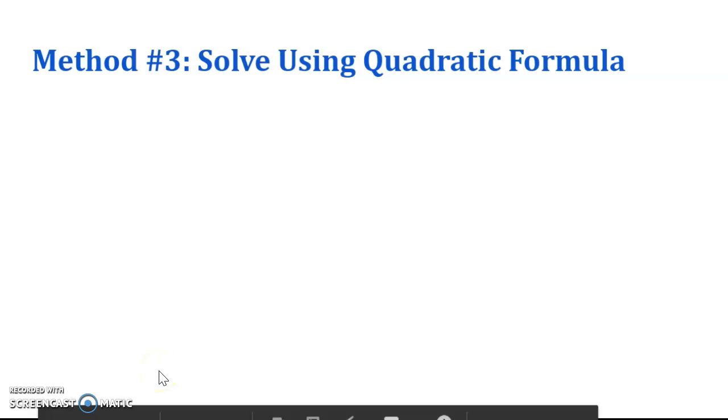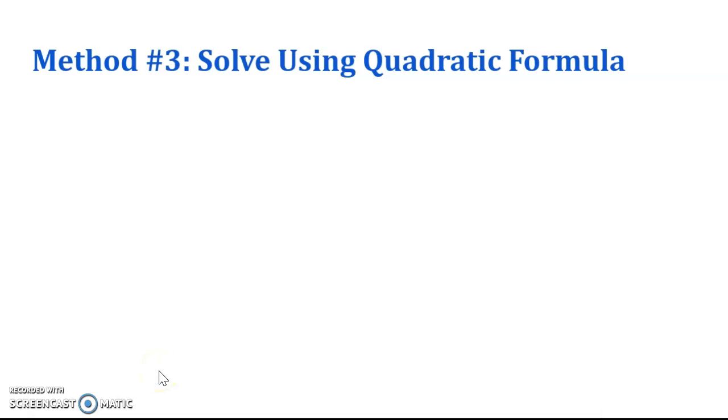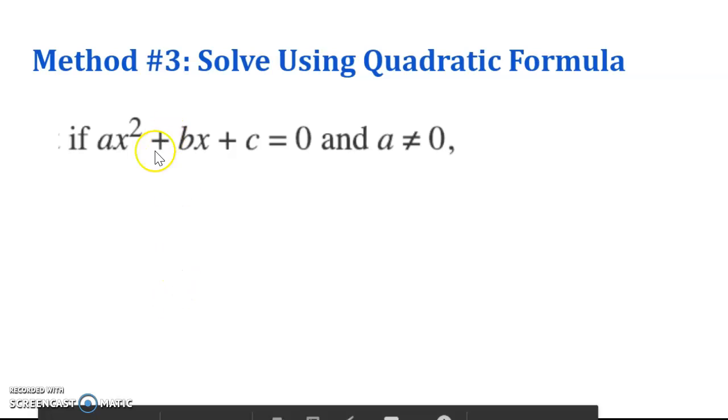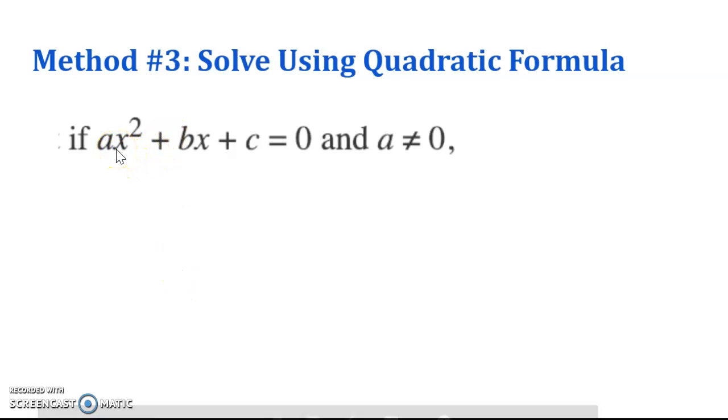Finally, I am going to introduce you to the third method for solving quadratic equations, and that is using the quadratic formula. So if you have a quadratic equation that is in standard form, equal to 0, where a is not equal to 0. If a is equal to 0, this is no longer a quadratic equation. So we're looking for a quadratic equation in standard form. If an equation is not in standard form, you need to convert it to standard form and set it equal to 0.